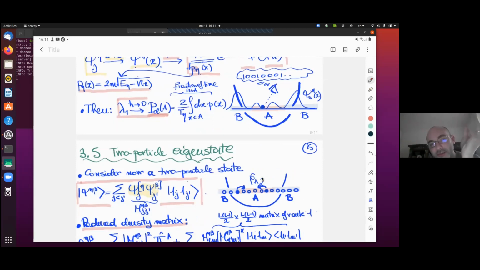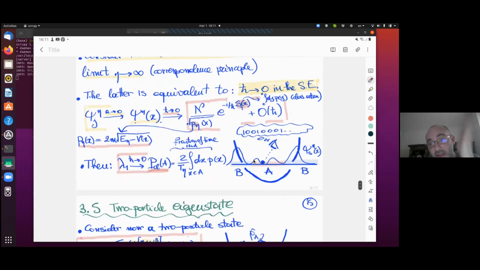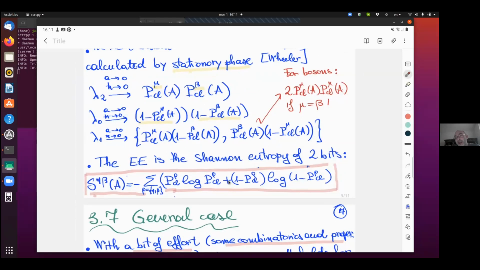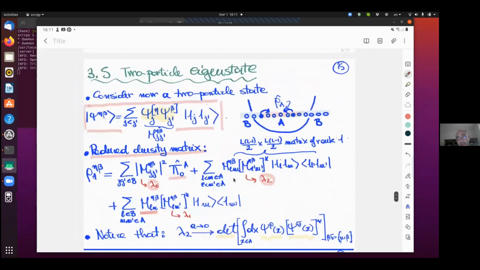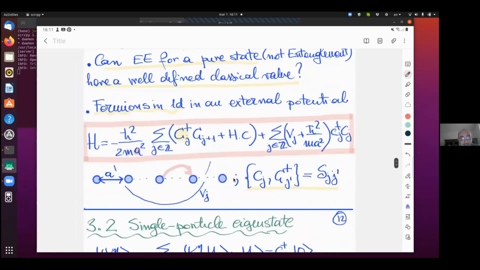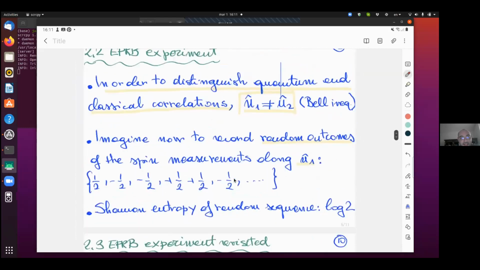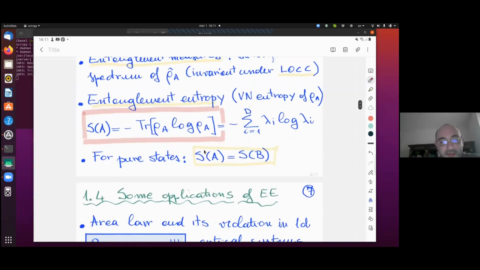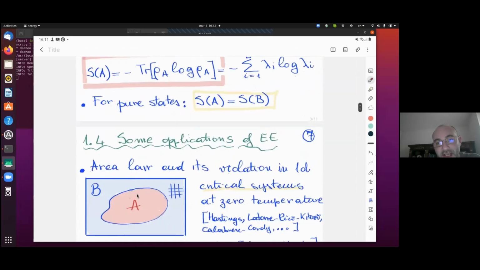What I find is not a microcanonical thermal entropy, which would be asymmetric in the exchange of A and B. The quantity at the end is symmetric if I exchange P with 1 minus P, which amounts to exchanging system A with system B, and reflects the property which I was writing at the beginning, that for a pure state, S of A is equal to S of B. This property, at the end, is the area law.